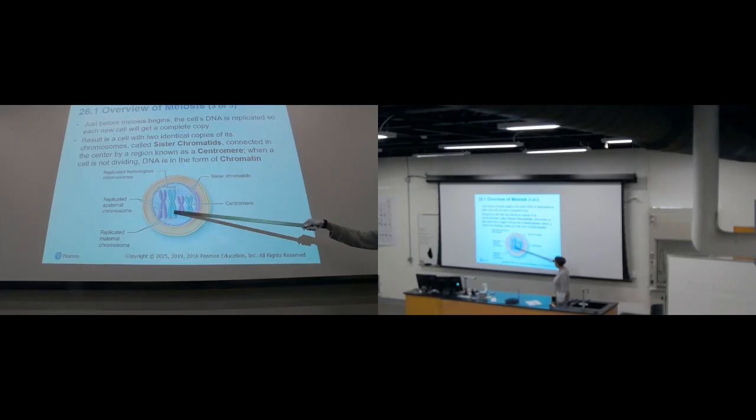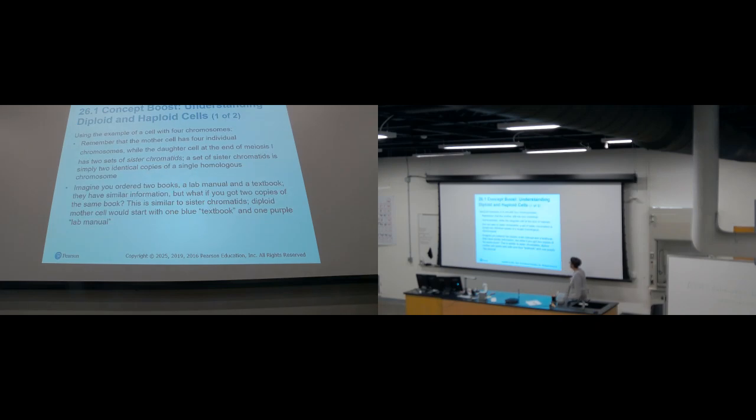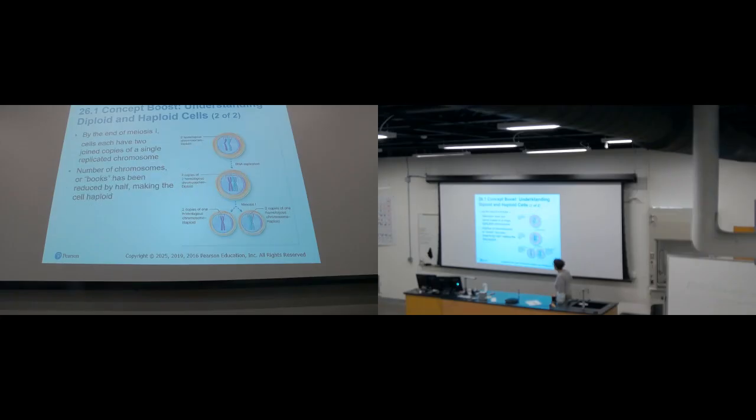So this is a replicated chromosome from the parental side. In this case, this is the maternal side, this is the paternal side. And then they align, and they start exchanging information. So this is what happens in meiosis 1. You have 2 homologous chromosomes.